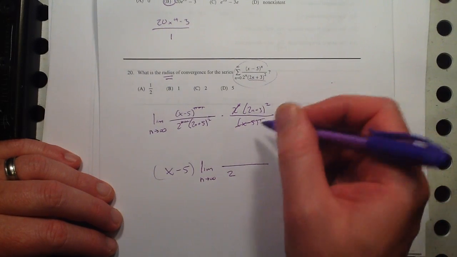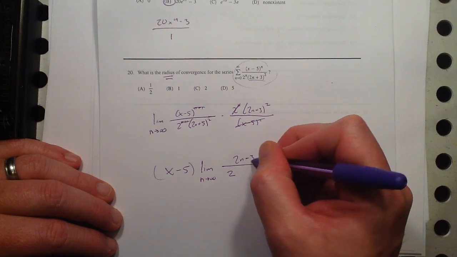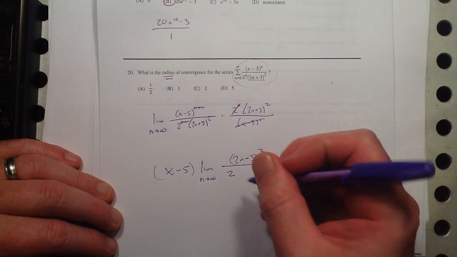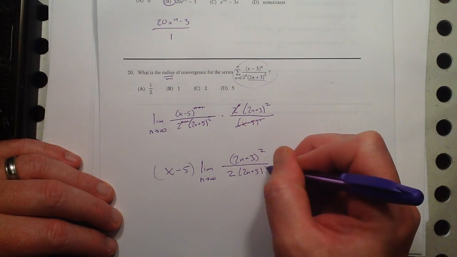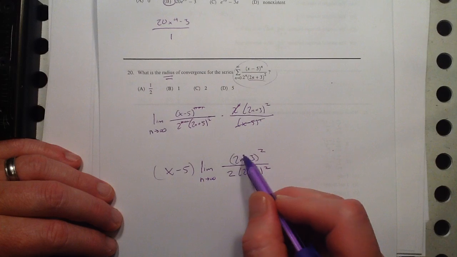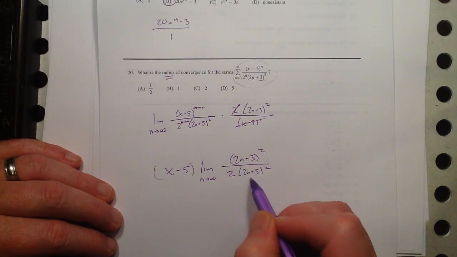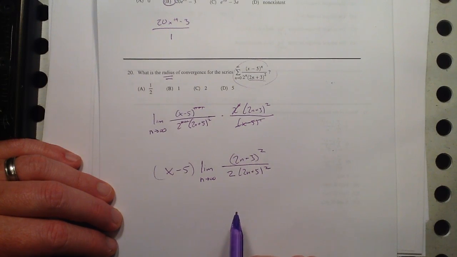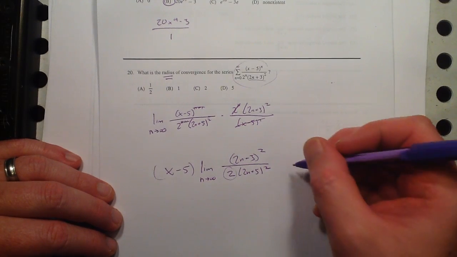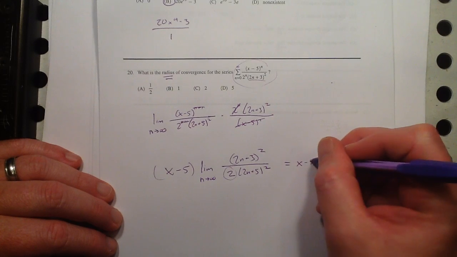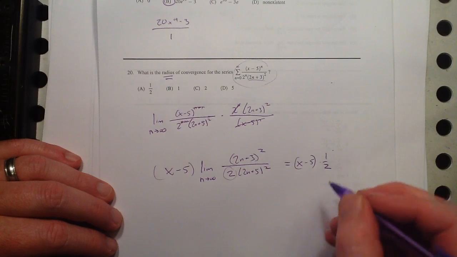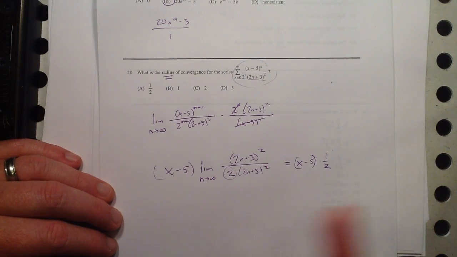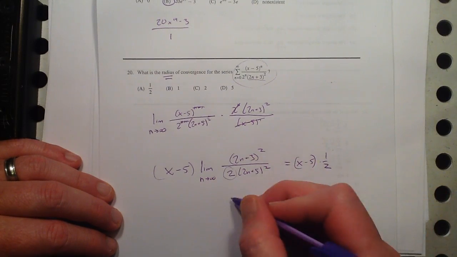And then I've got 2n plus 3 squared and 2n plus 5 squared. If you FOIL these out, basically you have a 2n squared and a 2n squared. So those are identical top and bottom exponents. The coefficients are the same, but there is this extra 2 on the bottom. So this is equal to x minus 5 times 1/2, and that's the thing that I need to be in between -1 and 1.